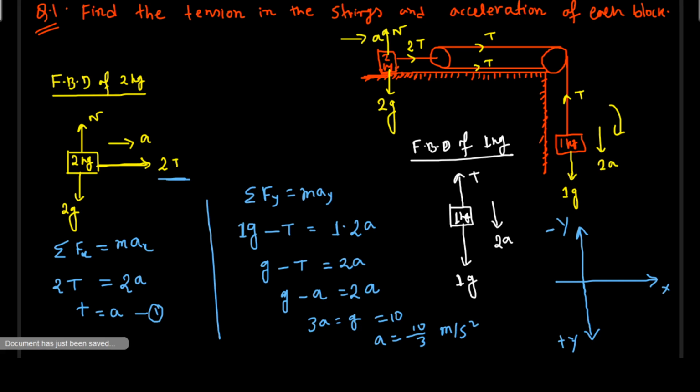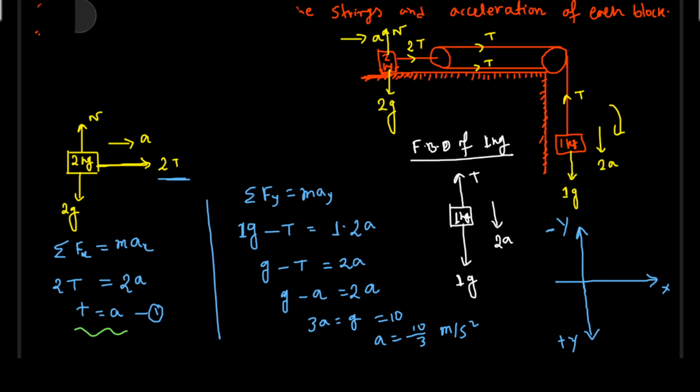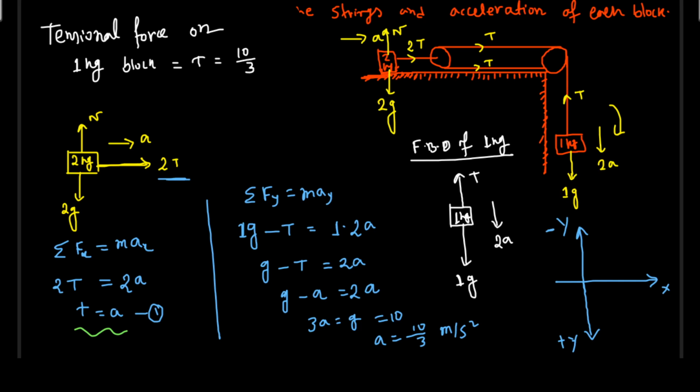So this will be the acceleration. Now what will be the tensional force? You can just substitute here, because T is a. For the 1 kg block, the tensional force on the 1 kg block is equal to T, so it will obviously be 10 by 3 Newton.